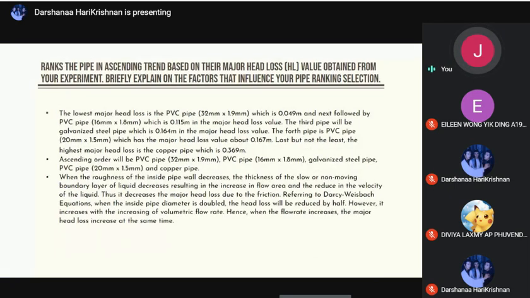And here we are to rank the pipe in ascending trend based on their major head loss.